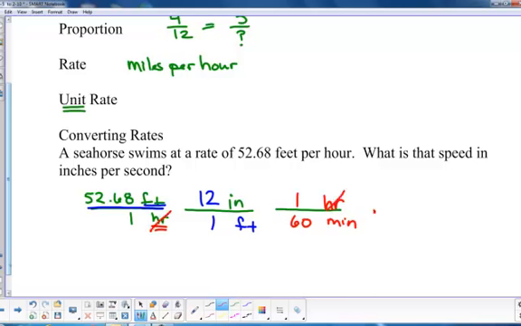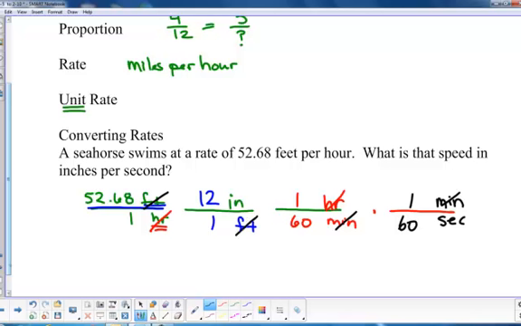And then I need to convert minutes to seconds. Since the word minutes is on the bottom, I'm going to put the word minutes on top so that I can cancel them, which means the word seconds would be on the bottom. And there's 60 seconds in 1 minute. So if you look at all of your units, I have to cancel the word feet.